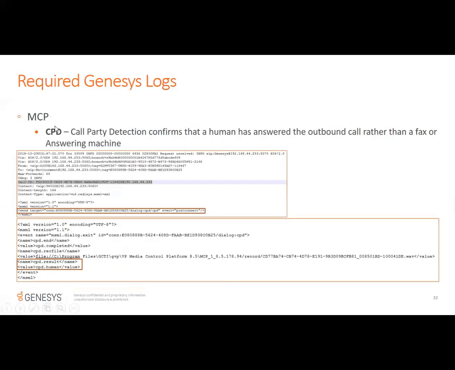So moving on to MCP, as I said, MCP is responsible for doing the call party detection, or basically determining that a human has picked up the phone when the callback is made. That is a crucial point to how callbacks are done, because if the initial setup of the call isn't made to MCP, or MCP can't talk to some VXML application to set up the session, the outbound dial won't actually happen.